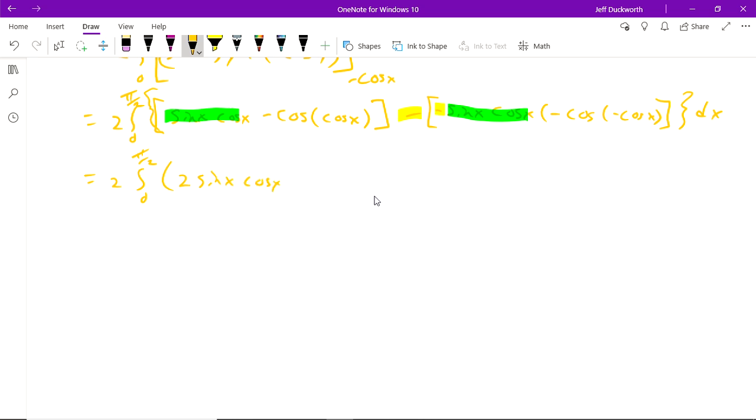That's that part. And the other stuff. Let's see. Minus cosine of cosine x.